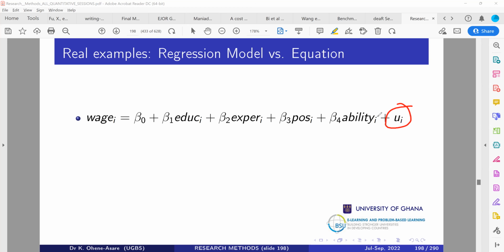Which other factor can affect wage but has not been captured here? Someone says education, but education has already been written. Job tax, no. Leadership ability, no.